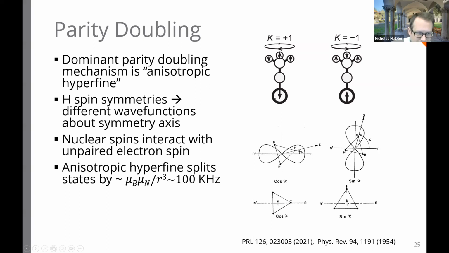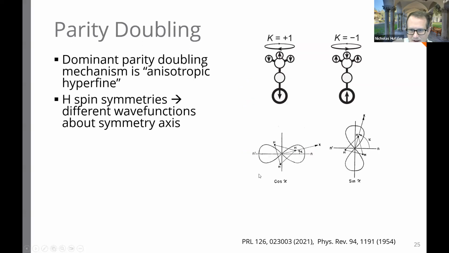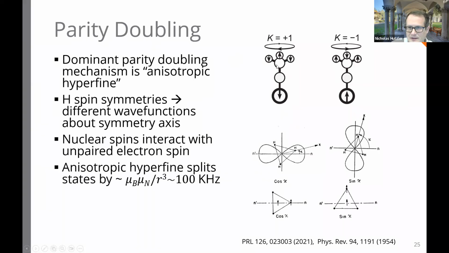If it's a closed shell molecule, but if it's something like calcium or strontium where there's an unpaired electron spin, the nuclear spins on the hydrogen will interact with the electron spin just through dipole-dipole. But now there's a shape dependence of the dipole distribution, which is correlated with the parity state of the molecule.